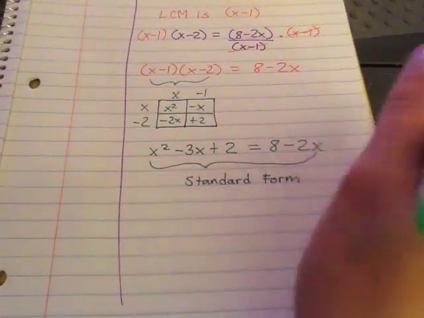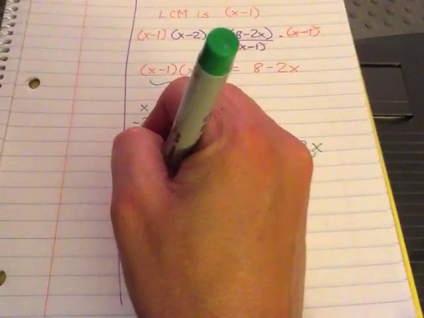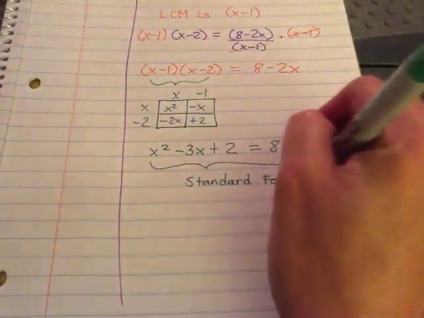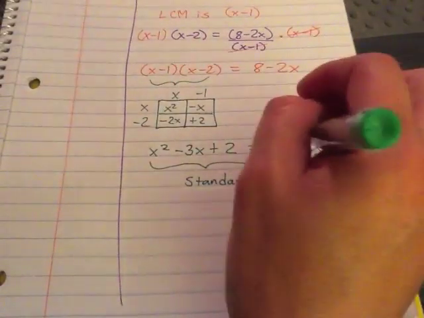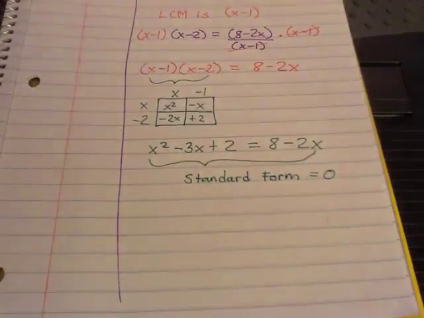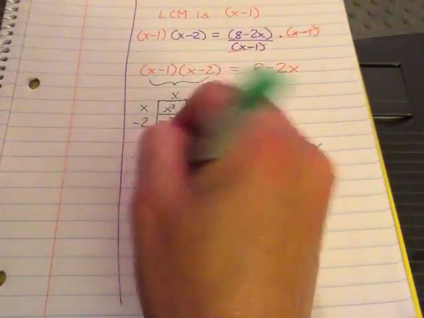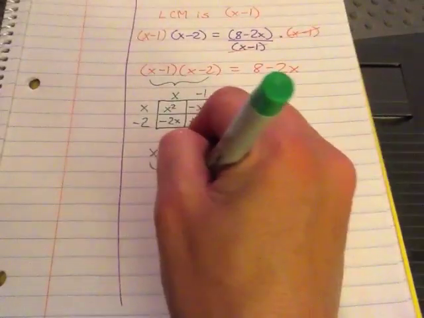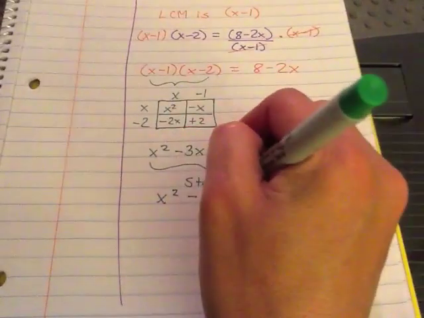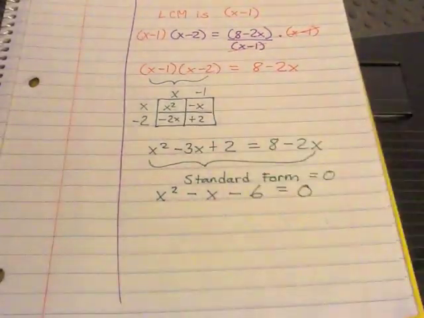And once you move the positive 2x and the negative 8 over, then standard form is always going to equal 0. And your standard form in this case, once you move everything over, is x squared minus x minus 6 equals 0.